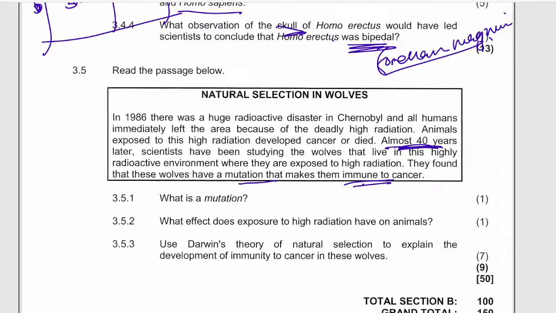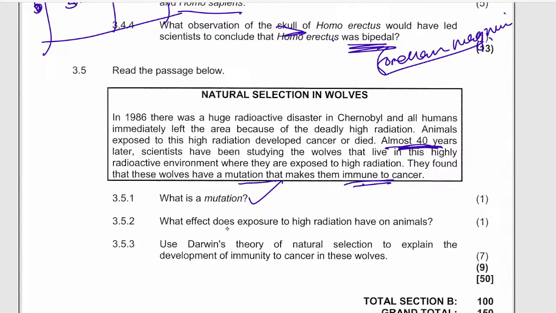So you either have that cancer and you become immune to it, or you die. All right, what's a mutation? It is a sudden permanent change in the genetic composition of an organism. We said yesterday that it can be gene mutation or chromosomal aberration. Down syndrome, we saw it already in the question.